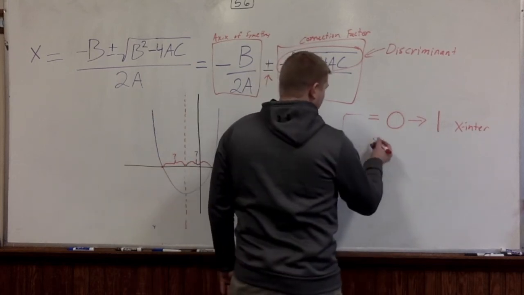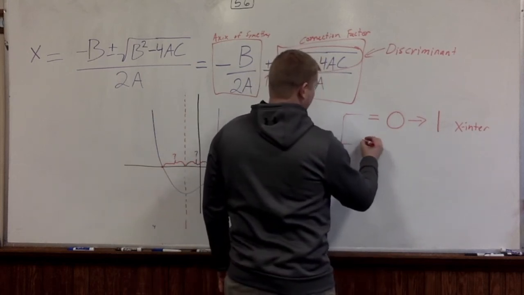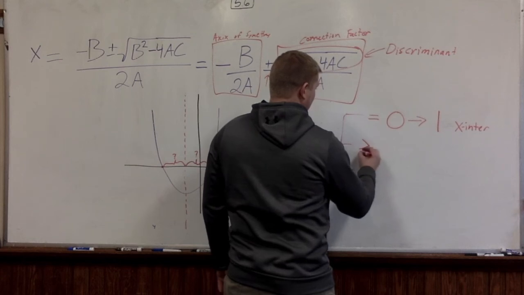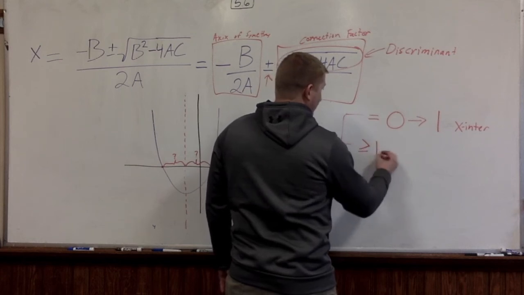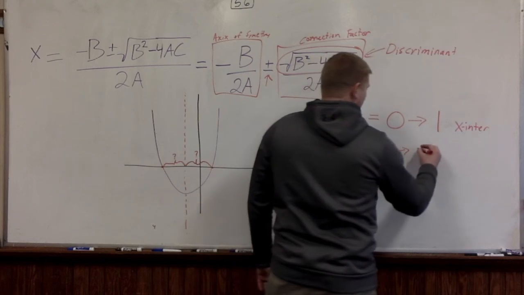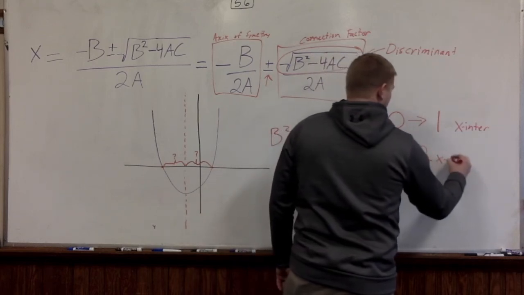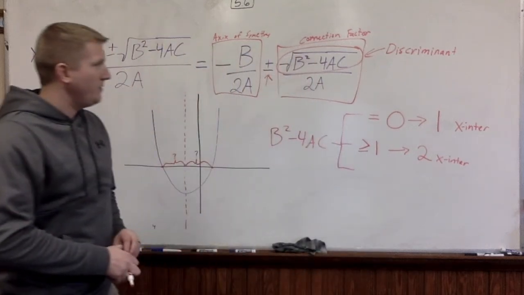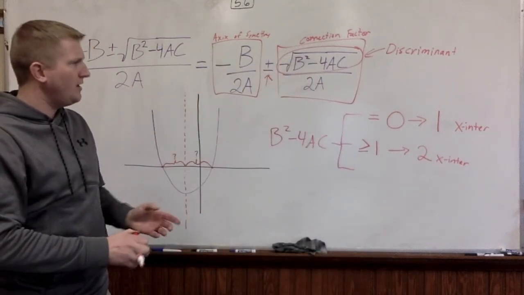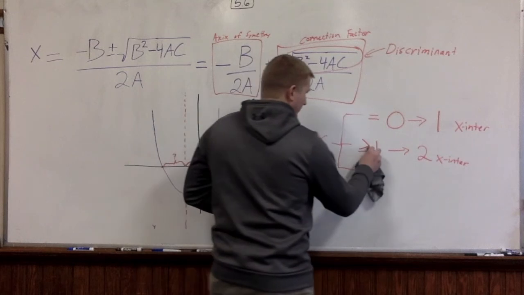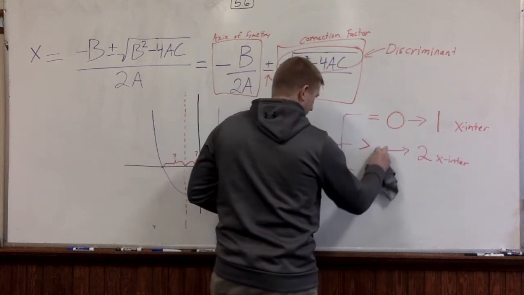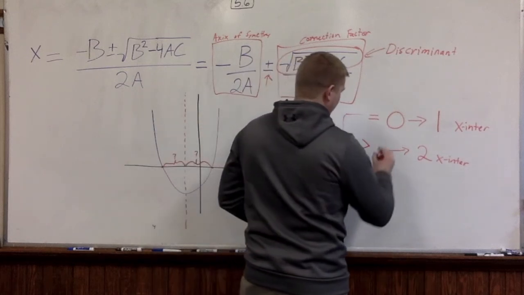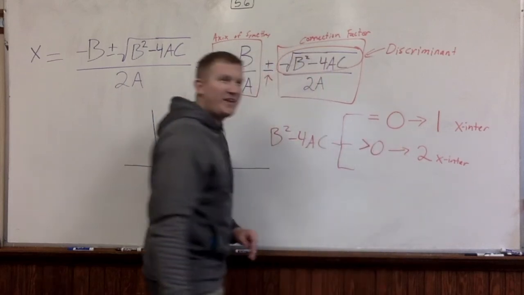If it goes to a number that is greater than or equal to 1, actually it need not be greater than or equal to 1. It just needs to be greater than 0, I should say. That's better.